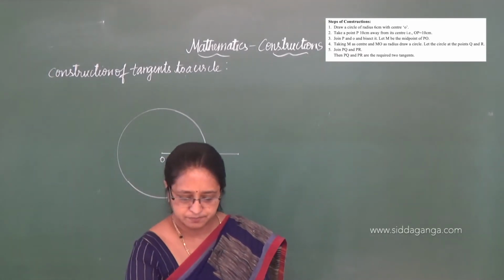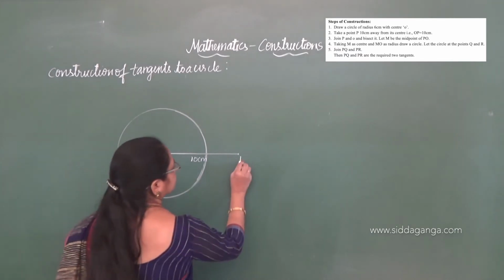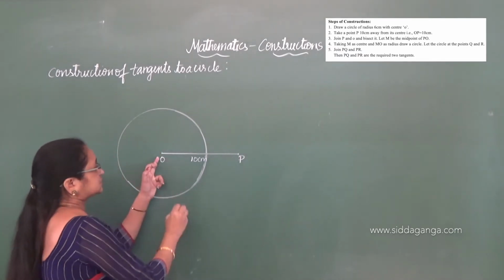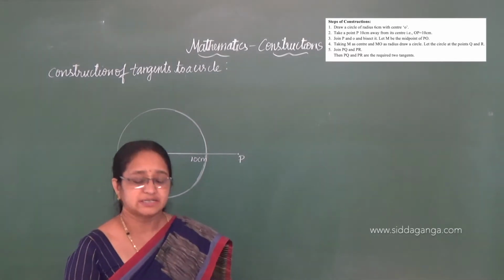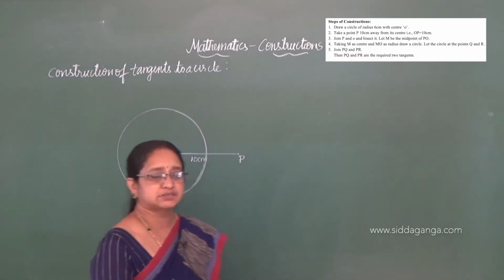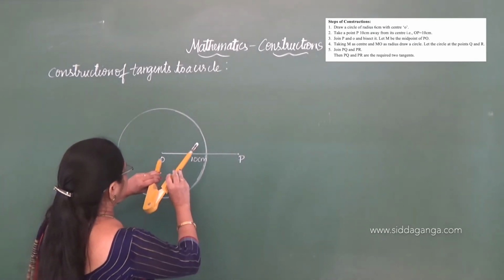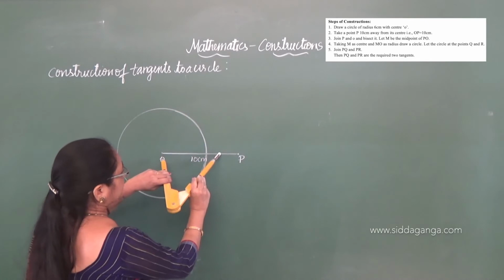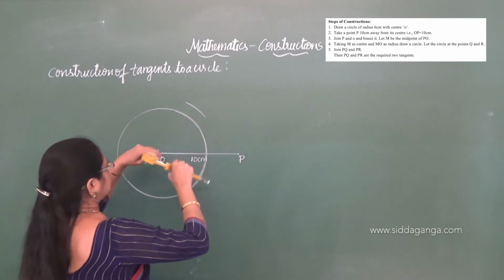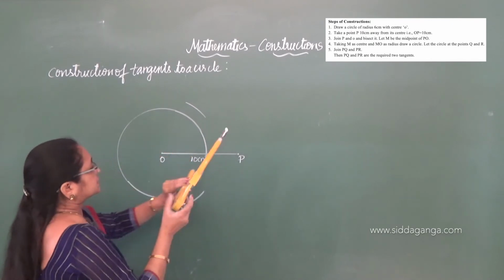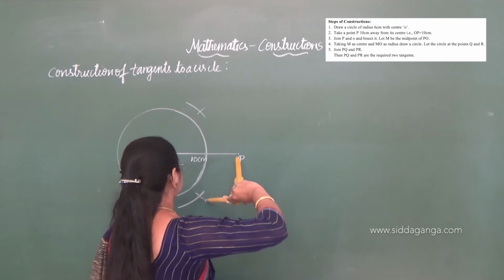So for that, now I will take this point as P. So O is the center and P is the point from where you have to draw two tangents. For that, I am going to draw a perpendicular bisector here. For the perpendicular bisector, with more than half, I will draw an arc, and from P I am going to cut an arc.